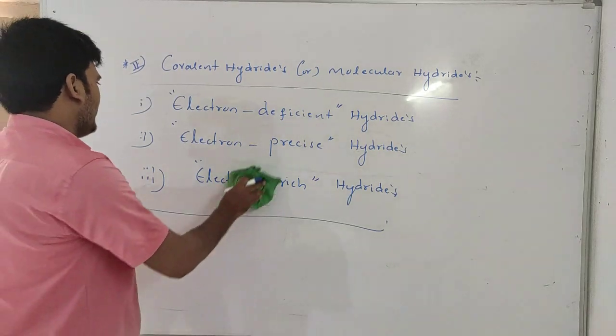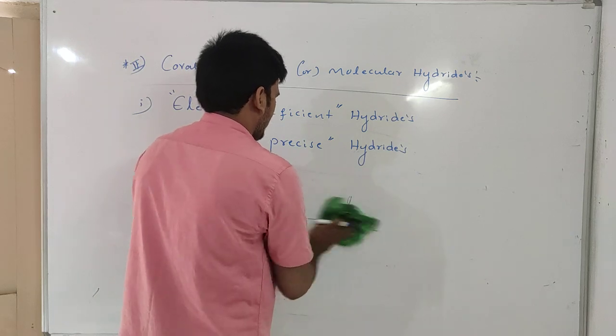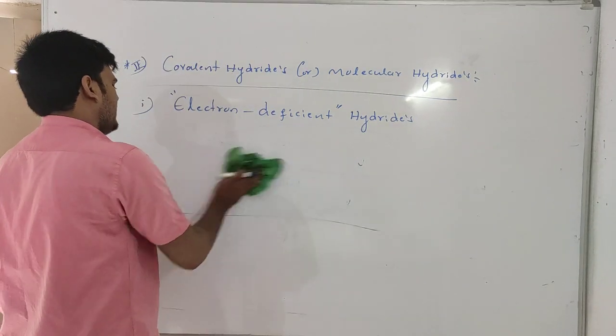And the first one is electron deficient hydrides. What is meant by electron deficient hydrides?